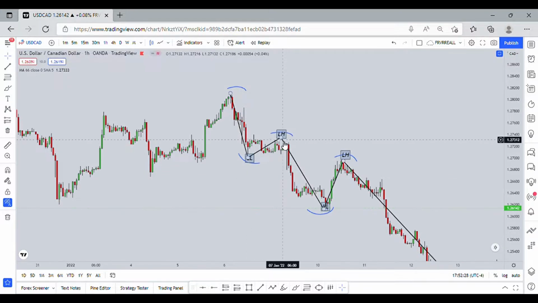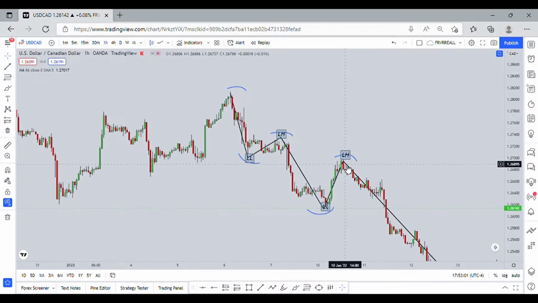The market makes a retracement, a lower high, because this high is lower than this high. And it makes another impulsive move, shoots for a lower low, and this low is lower than this low. That's simply what it means. We call this a lower low only because it's lower than the previous low.